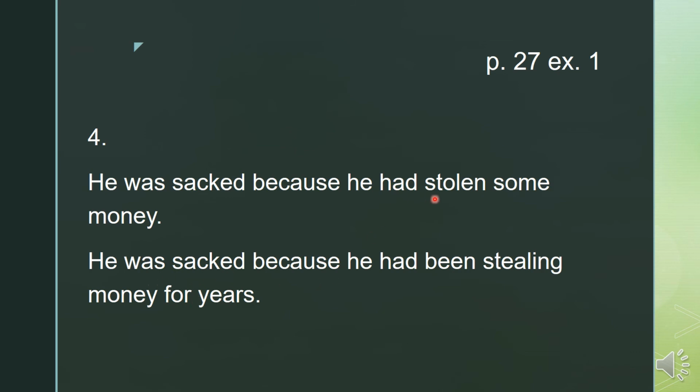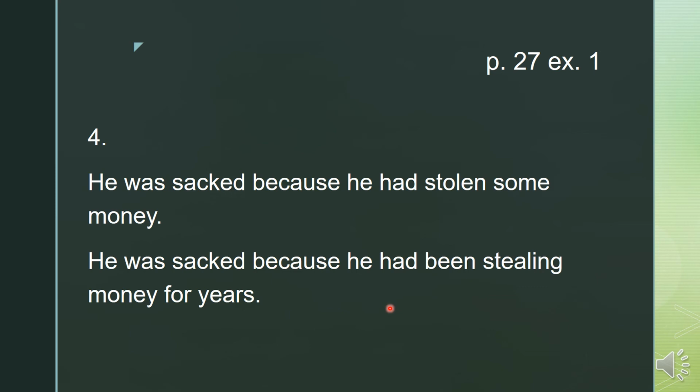In the first sentence we have had stolen, past perfect. The second sentence, had been stealing, continuous, past perfect continuous, for years. So this sounds like he stole money not just once or twice, lots of times, right?